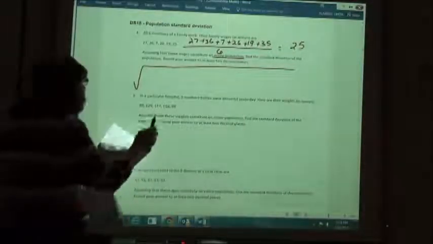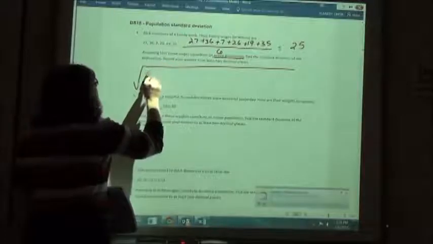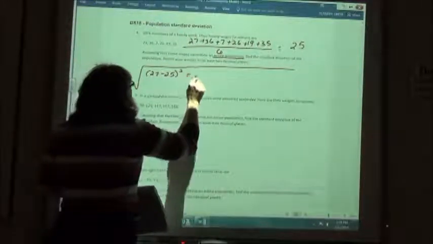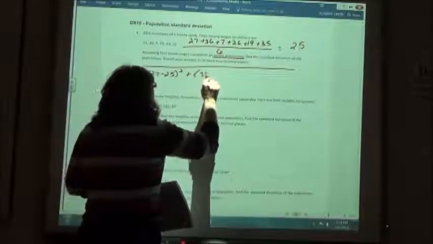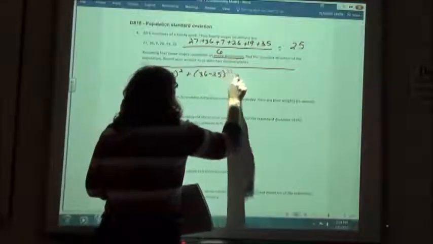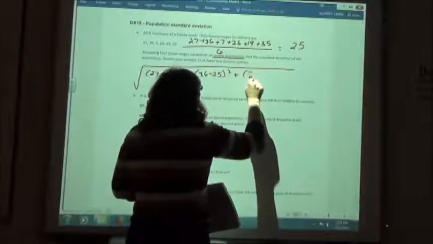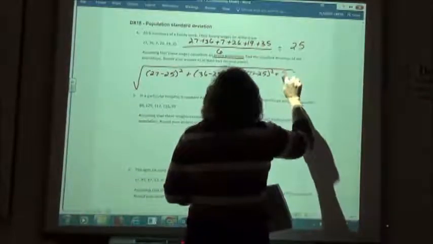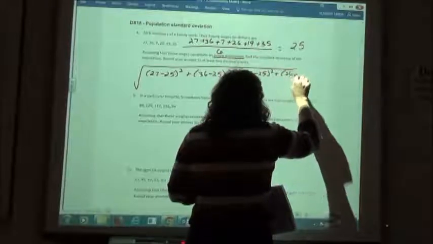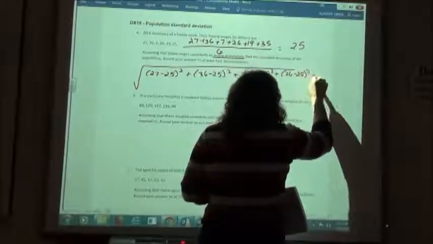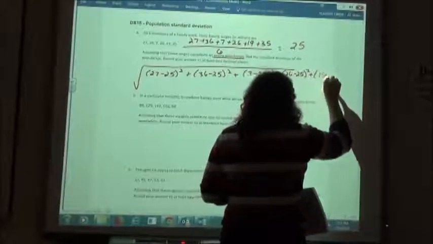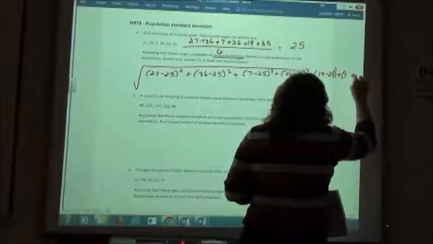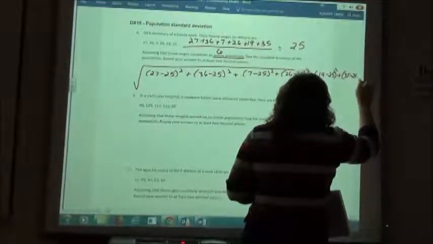So on the top of my fraction, I'm going to have 27 minus 25 squared plus 36 minus 25 squared plus 7 minus 25 squared plus 26 minus 25 squared plus 19 minus 25 squared plus 35 minus 25 squared.